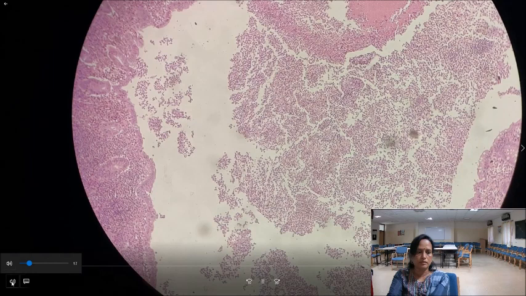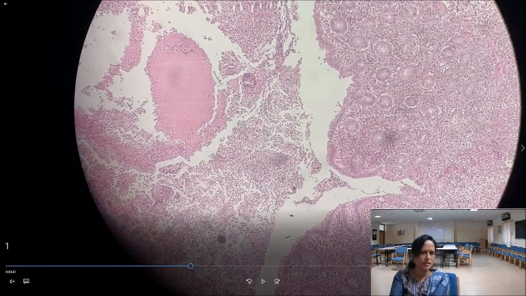But what we are seeing is the lumen. See, the lumen has something. Normally, we don't see this, right? All this is the exudate in the lumen. And these are the mucosal cells. These are the glands. Maybe there is slight discontinuity here. See, we are not seeing such columnar cells here. A tiny area of ulceration.